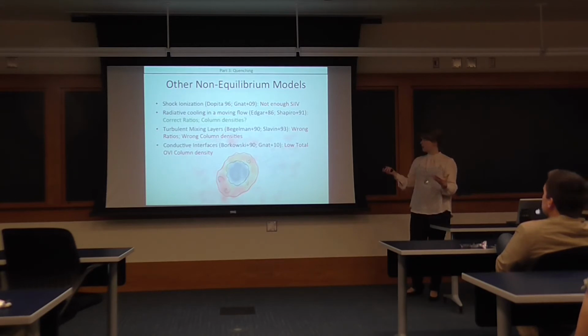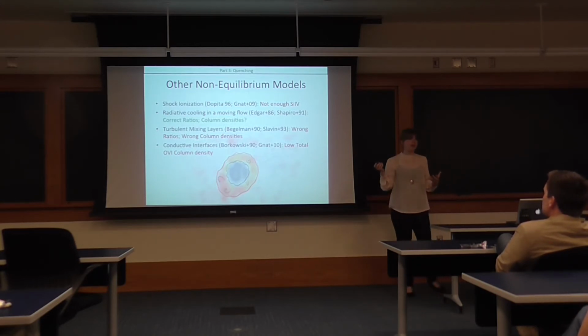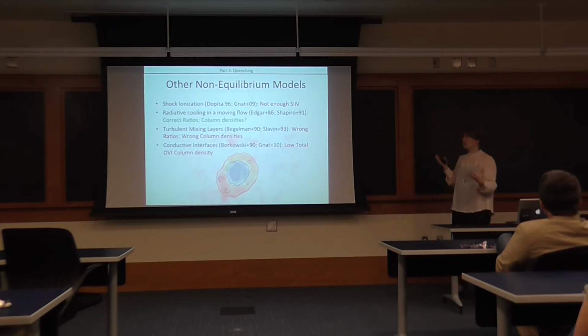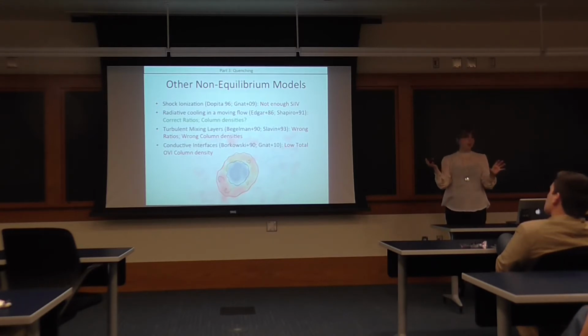The column densities are a bit of a question as to whether or not they match. This hasn't really been done for any other galaxy other than the Milky Way, but the Milky Way has this distinct geometry, so you could be, say, looking along a flow. So it's unclear how the column densities compare, but it's really the only one right now that seems to remain.